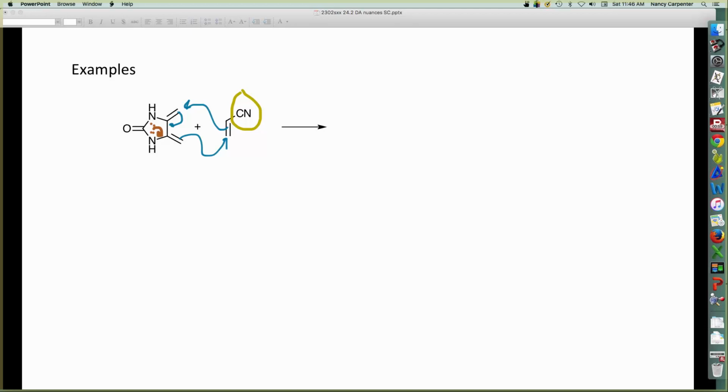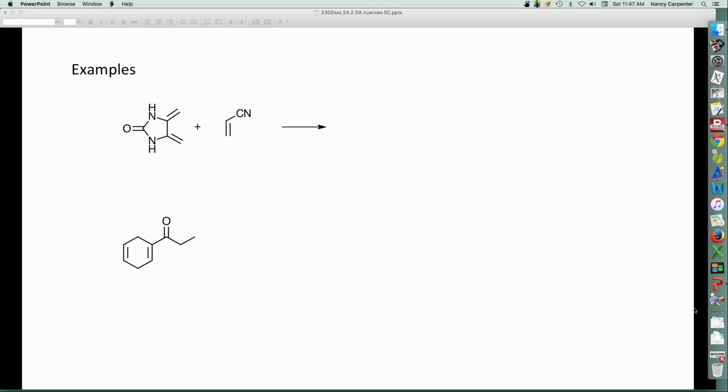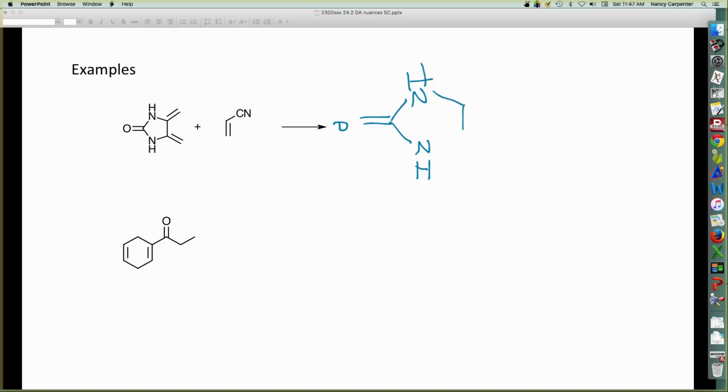I can't even possibly draw these because my arrows are going to be too big. But basically, we've got electron density pumping into the diene from the nitrogens, and that should give us a very facile Diels-Alder product. So we've got this guy, and our cyclohexene right here with our nitrile right there. So Diels-Alder product number 1.